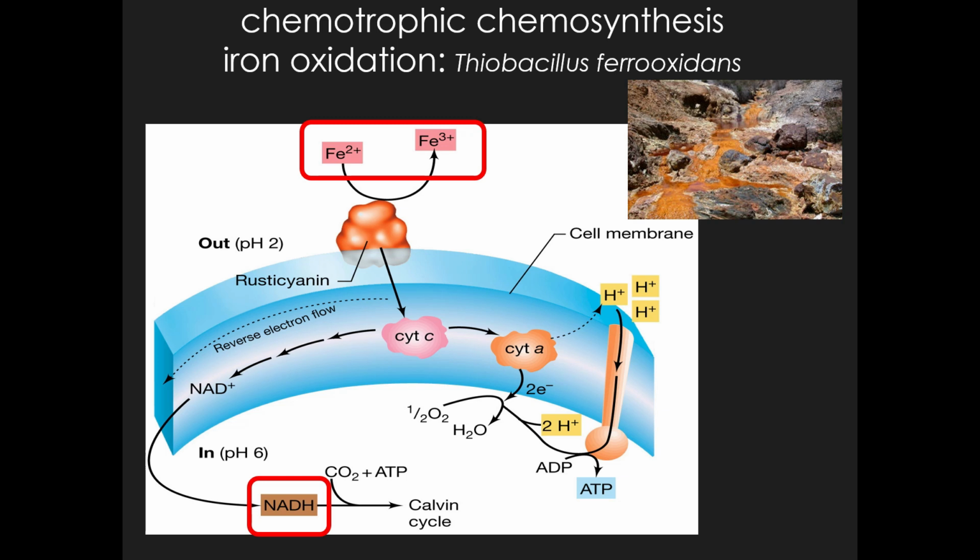They are used to reduce NAD to NADH so that those electrons and the ATP that was generated can be shuttled over to the Calvin cycle in order to fix CO2. So iron oxidizers are one kind of chemolithoautotroph.